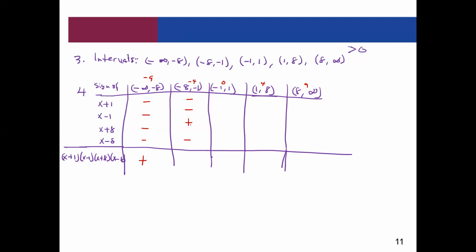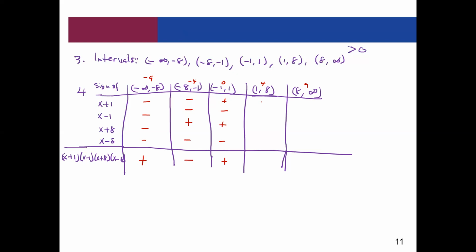So the product is negative. Then if you use 0, the first one is positive, the second one, 0 minus 1, is negative, the third is positive, and the last is negative. And then you have positive times positive is positive, and negative times negative is positive, so that is positive.